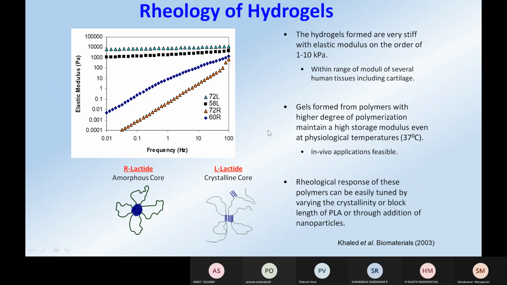So you can see here, with increasing molecular weight, the formation of the hydrogel, I mean the viscosity or the elastic modulus, is also increasing. And if it is the crystalline one, the viscosity is pretty high. Okay? And of course, in the case of this amorphous core crosslinking network, with increasing frequency and vibration, you can see how the elastic modulus is increasing. That means again there is some kind of crosslinking happening with the help of this mechanical stimulation. Okay.